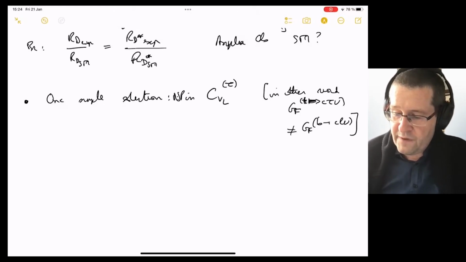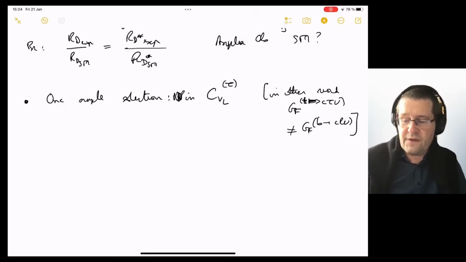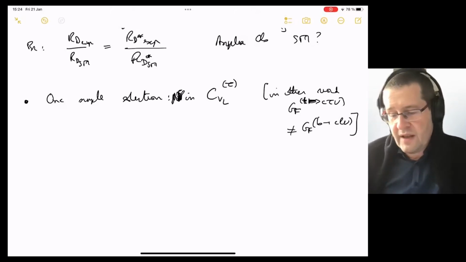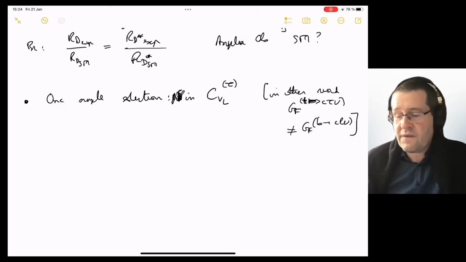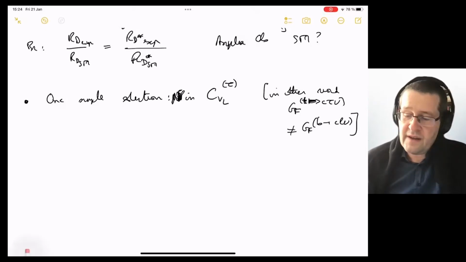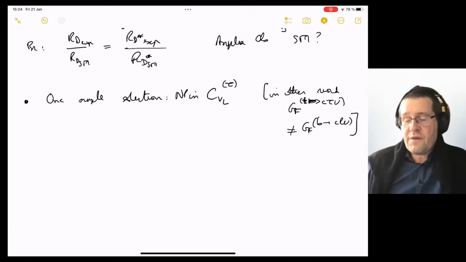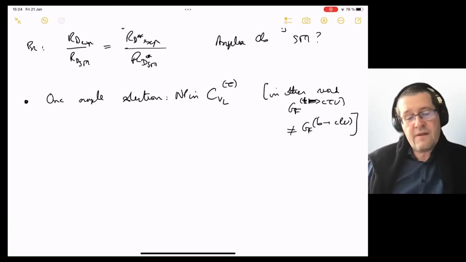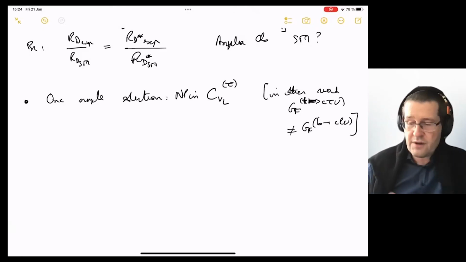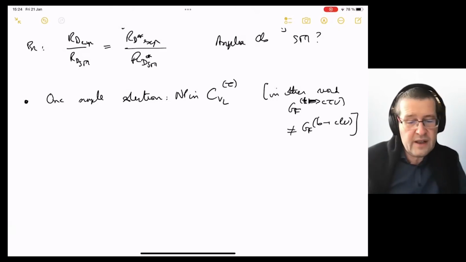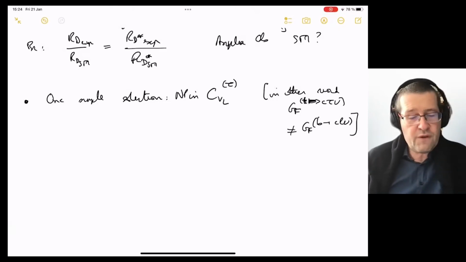That would be enough to generate exactly the same shift in RD and RD star. And since you're just modifying the absolute branching ratio, you're not modifying anything concerning the respective geometry of B to D star tau nu and B to D star l nu and so on. So that would be a very simple solution.